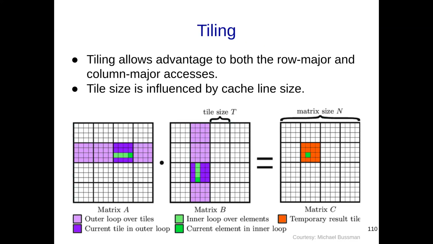How do you implement this, right? So has anybody seen a tiled matrix multiplication code? How will it look structurally? Okay, let me ask you the question in a slightly different way. Jess says 4 nested loops.